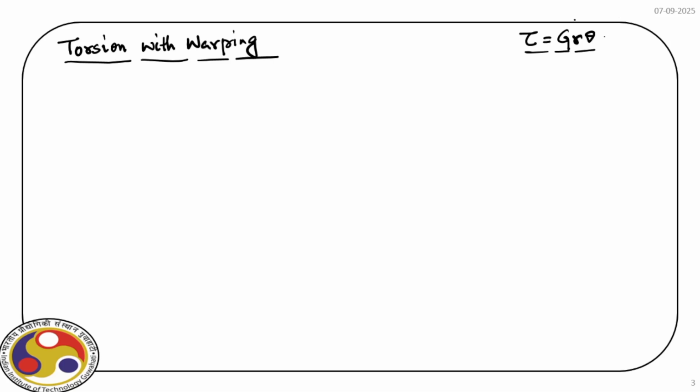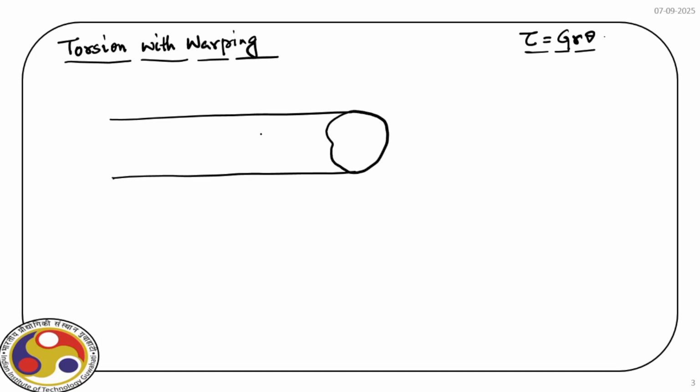Today, we are going to learn, if we consider warping, how the expression changes and what modifications we need to make. For that, let us consider a shaft with any arbitrary section. Say this is the section; it has a center here, and the longitudinal axis of the shaft we can mark using this z-axis.